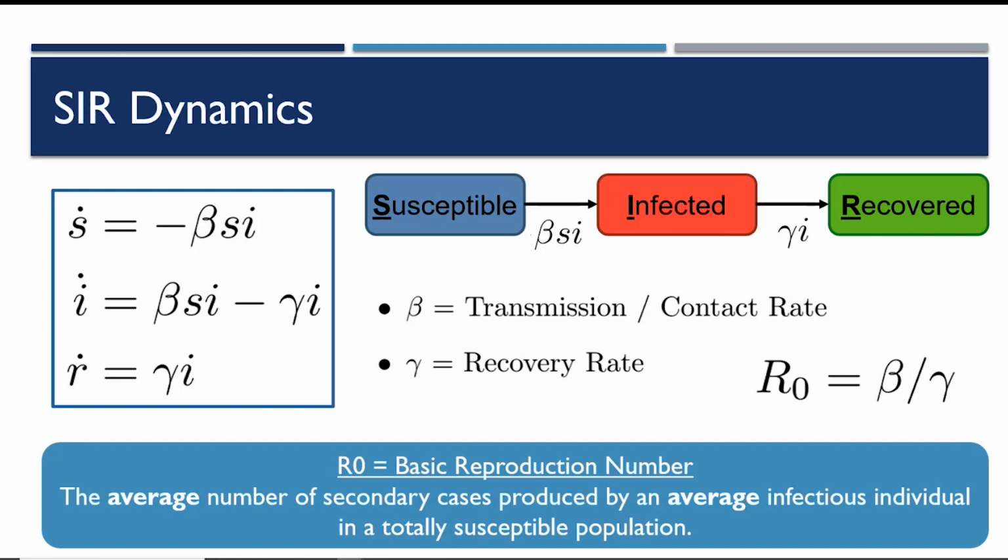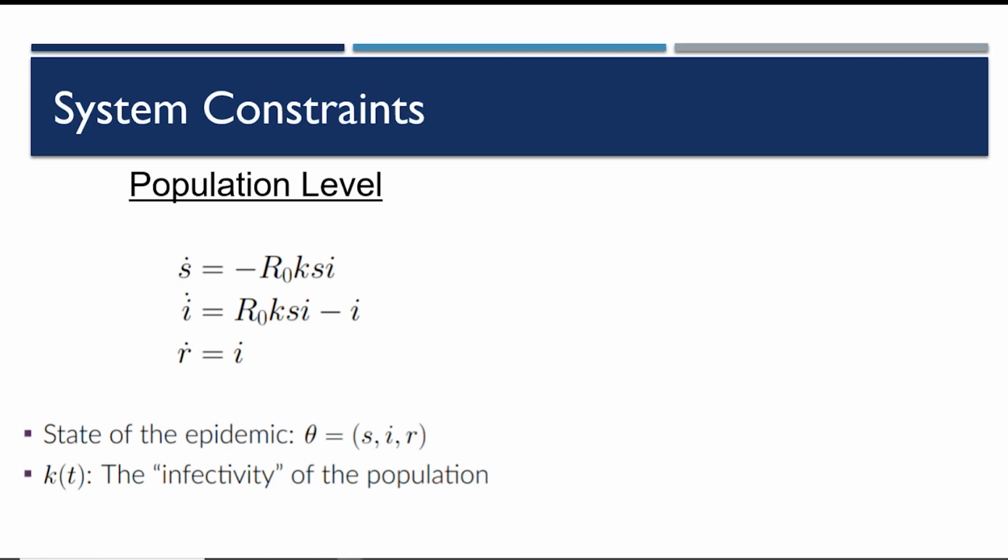For this presentation, we don't exactly take this form of the SIR dynamics, we modify them slightly. So for simplicity, we just set the recovery rate as equal to 1, so our rate of transmission here is just equal to R0. What we're interested in is encoding some aspect of human behaviour into this. So we introduced this K parameter called the infectivity of the population.